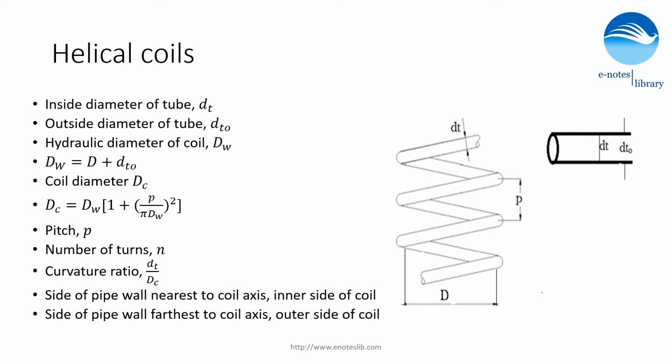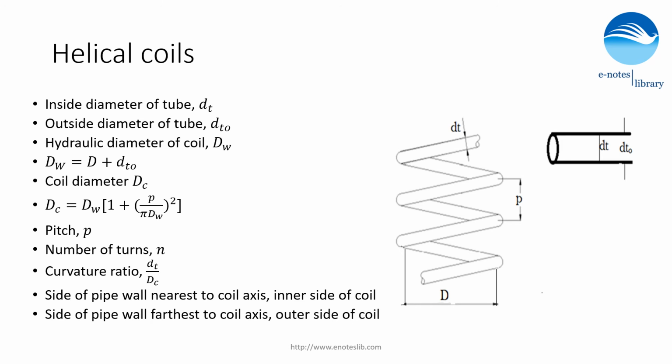In literature, it is also reported that when an application requires equipment which is suitable for high operating pressure or extreme temperature gradients, in that case, a helical coil unit should be considered.